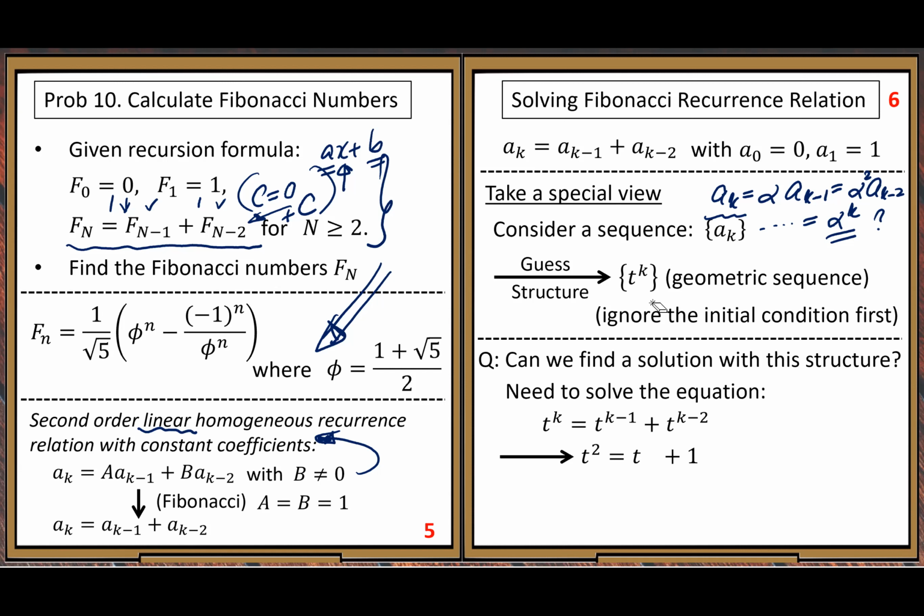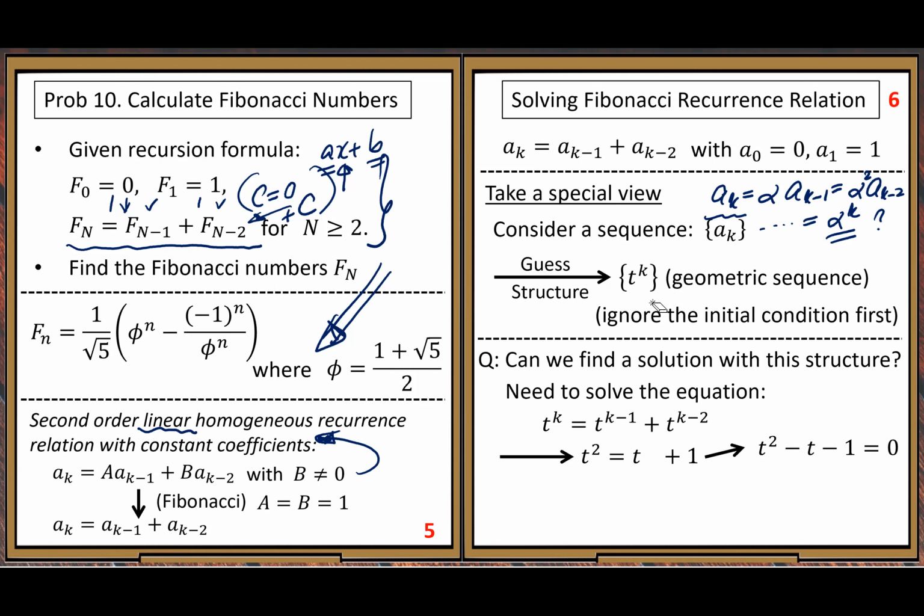Now, you can see in this way we connect to the golden ratio. We can find a t value here, similar to how we found the golden ratio expression, by solving this quadratic equation.